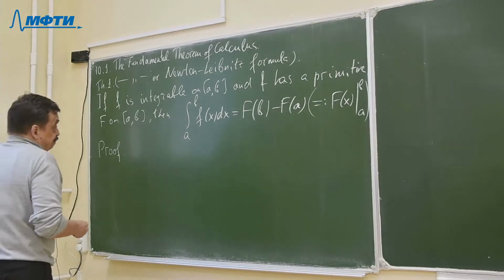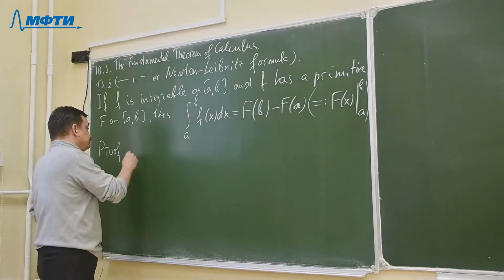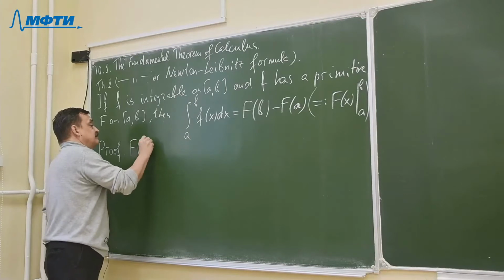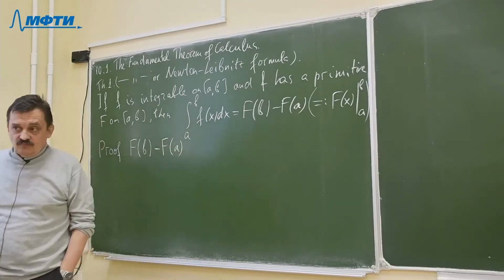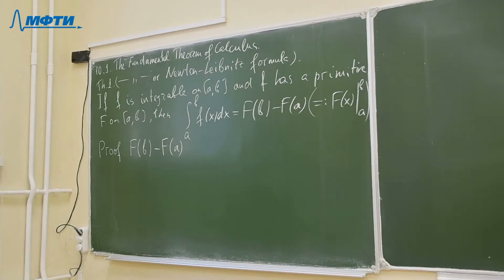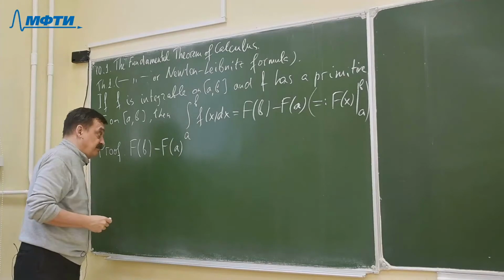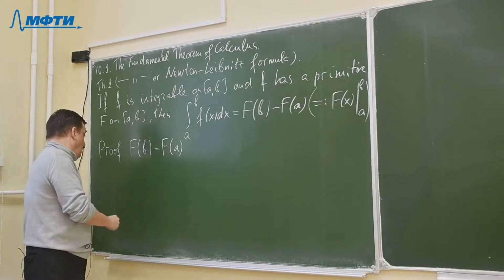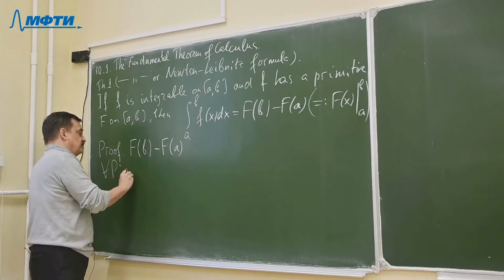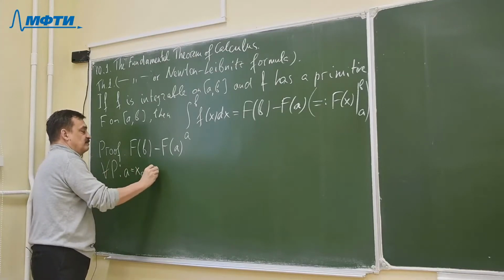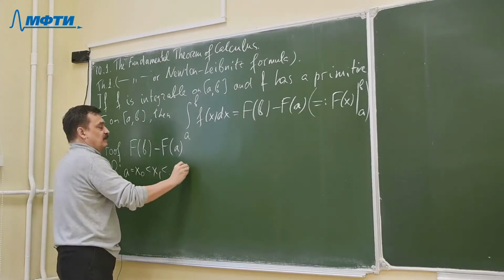But surprisingly, the best is to start from the right-hand side. So we consider the difference, capital F of B minus capital F of A, and consider an arbitrary partition P of the interval AB.